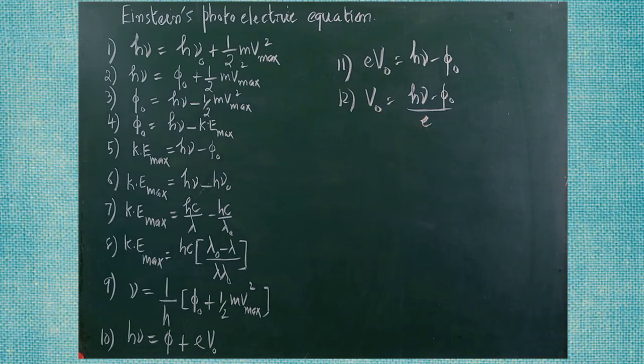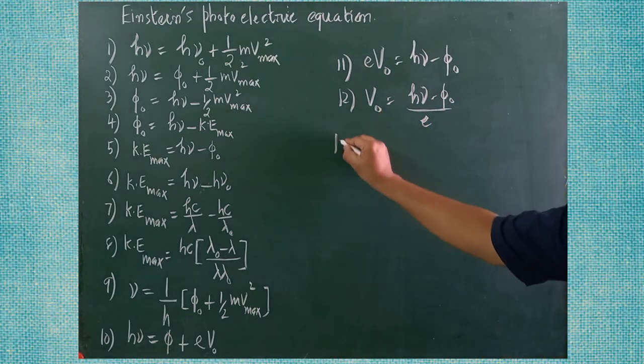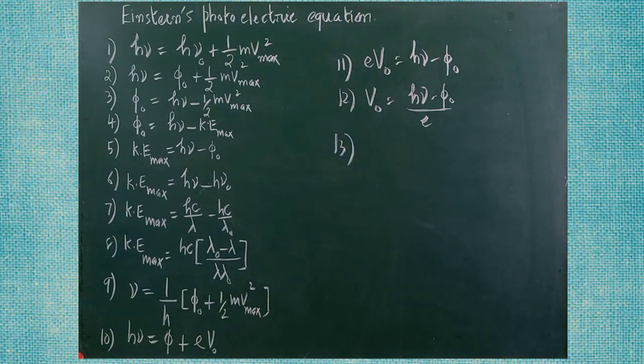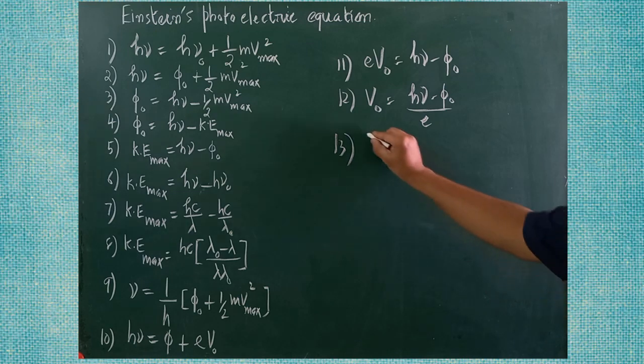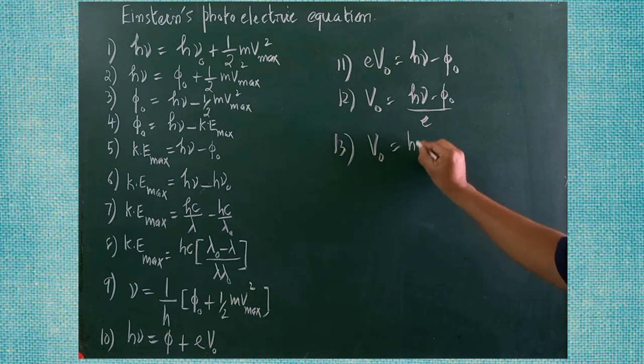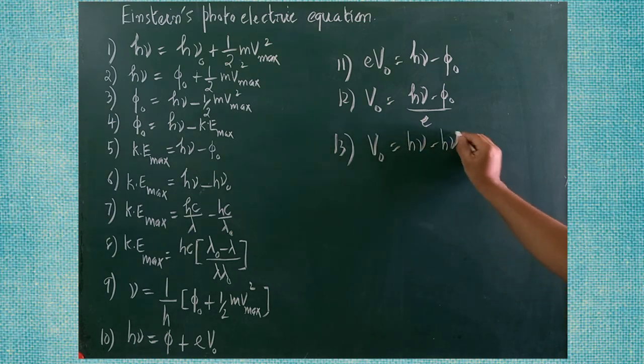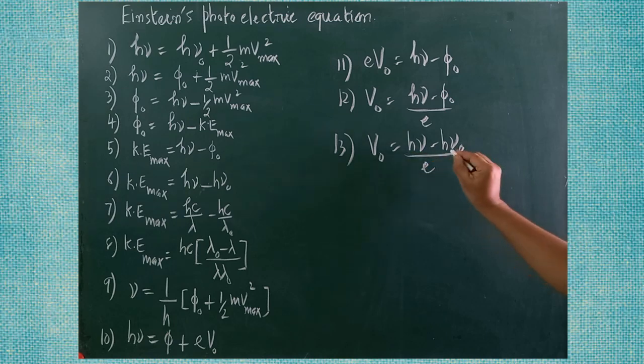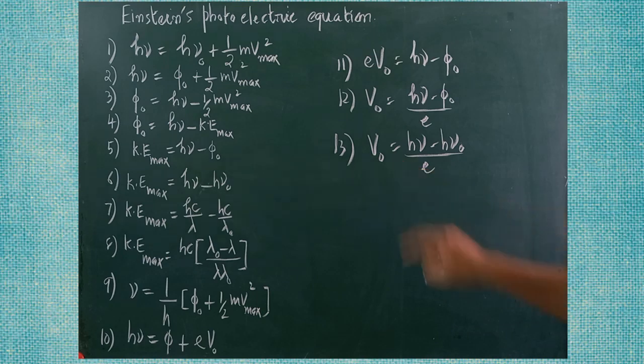Okay, and then another formula is also available, that is V0 is equal to (h nu minus h nu naught) divided by e. Sometimes the work function may not be given, and the threshold frequency may be given, and at that time this formula is to be used. Are you clear?